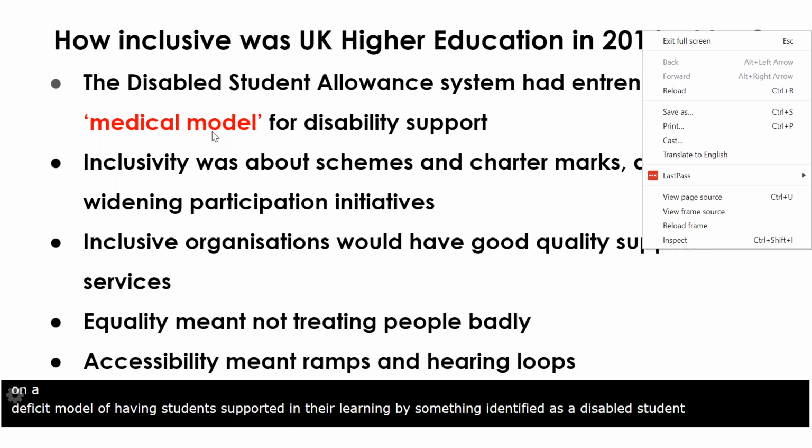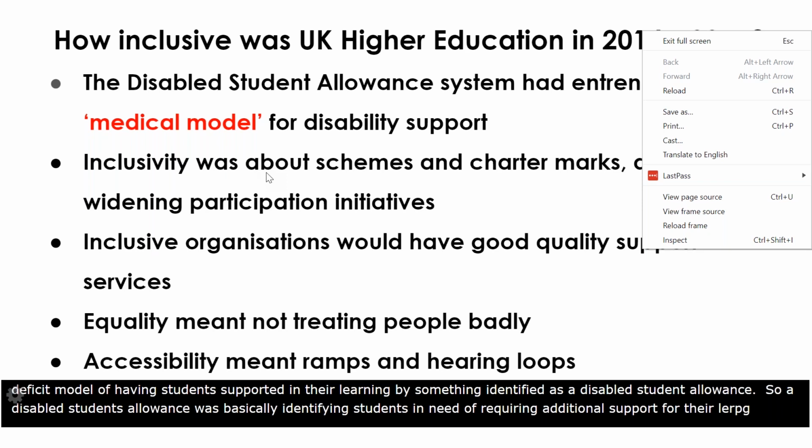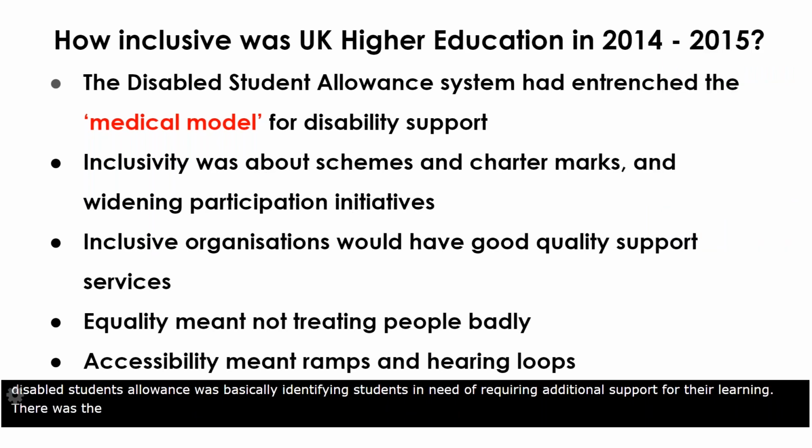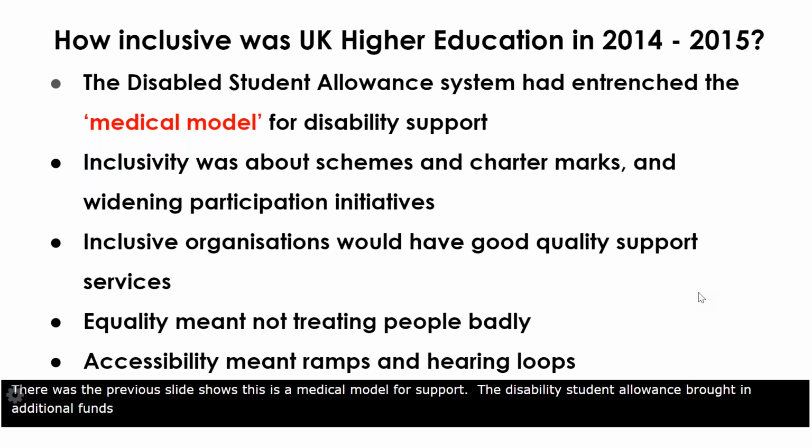A disabled student allowance was basically identifying students in need of additional support for their learning. As the previous slide showed, this is a medical model for support. The disability student allowance brought in additional funds to help the student be on an equal playing field.